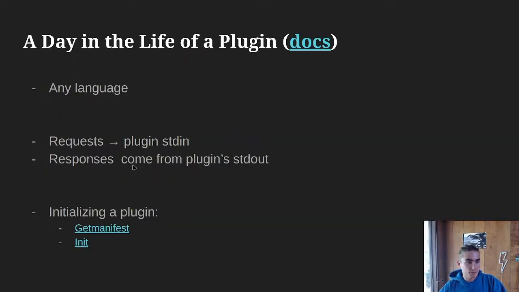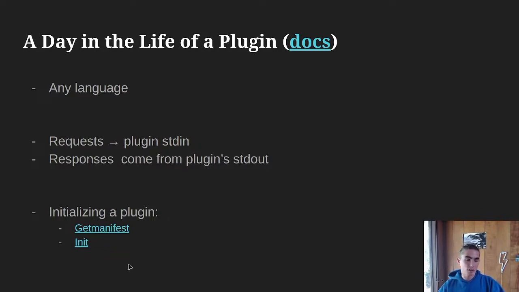Again, this is from the plugin docs, from a day in the life of a plugin. You can write plugins in any language. The basic architecture is Lightning-D sends a request to your plugin's standard input and expects a response from your plugin's standard output.